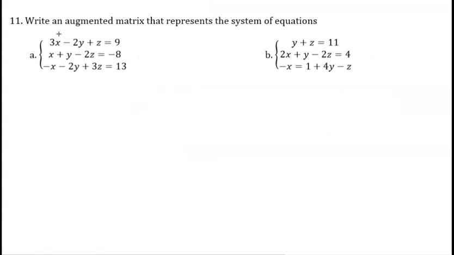Number 11. Write an augmented matrix that represents the system of equations. So the first thing to do first is to make sure they're all in standard form. X, Y, Z equals constant. So we're going to have 3 rows and 4 columns. We'll write the coefficients as the elements.